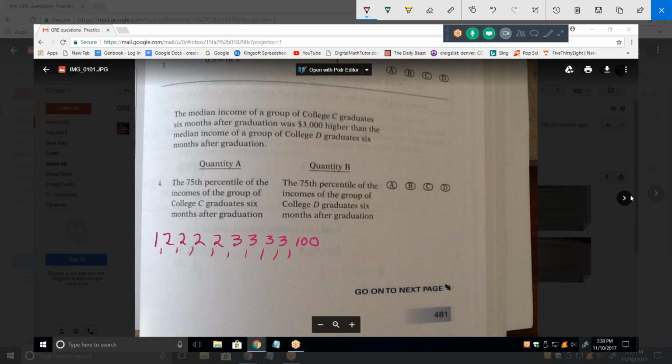There's my salaries of the first group. The median, right there. The 75th percentile is right there. It's 3.